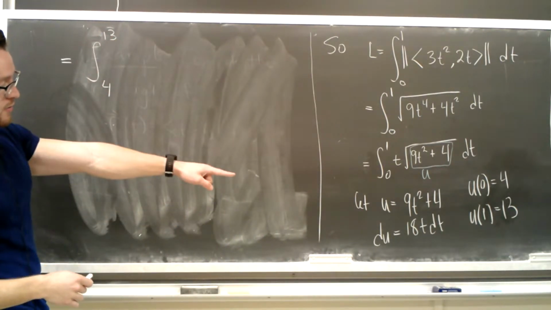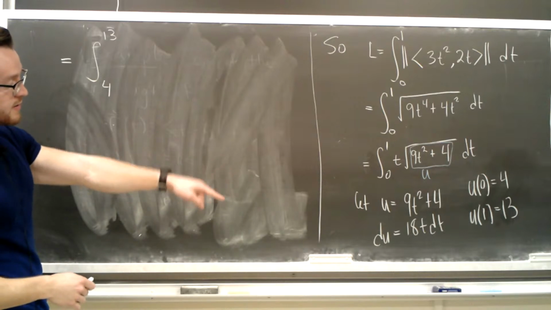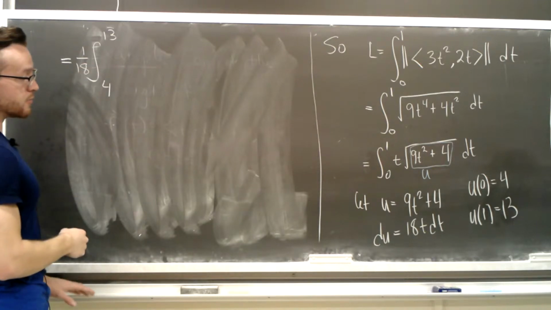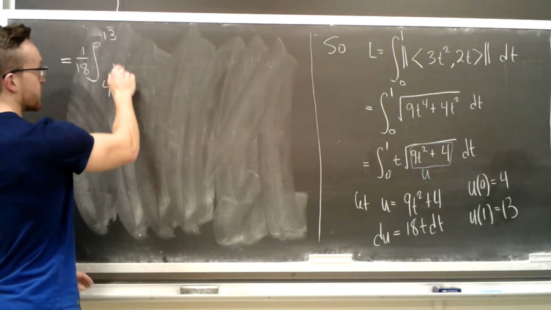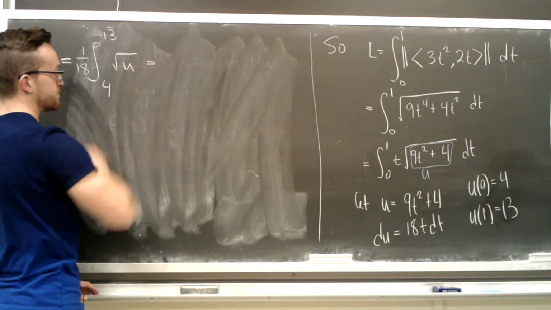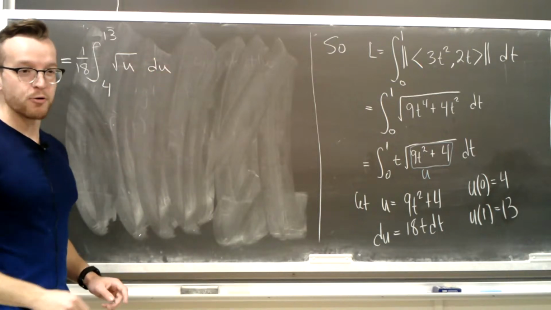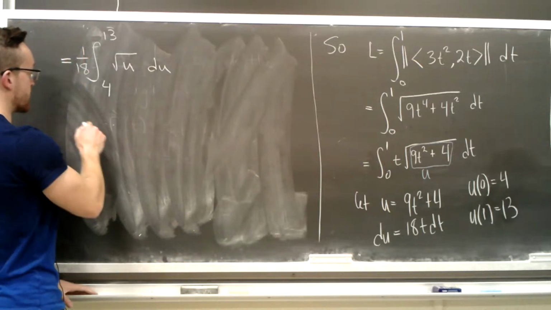du has a factor of 18 in it, so t dt will be 1/18 du, and then we'll be left with the square root of u du. Now it's a power rule problem, and we're in the clear.